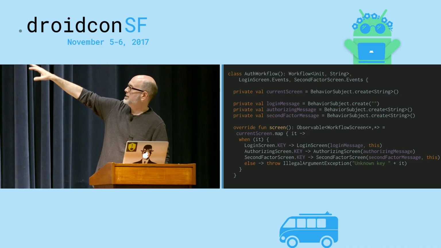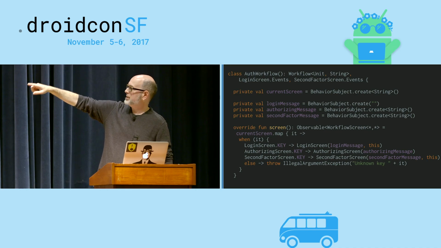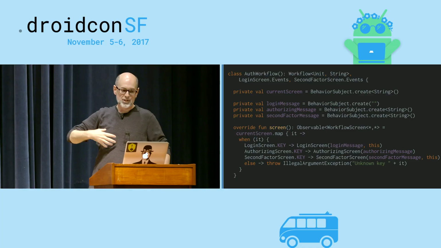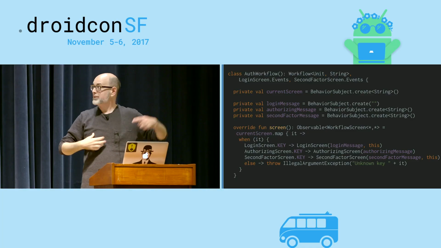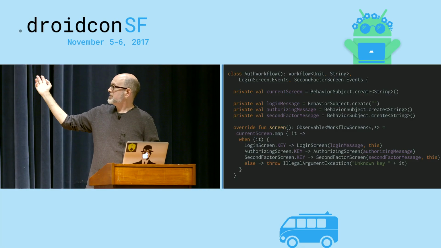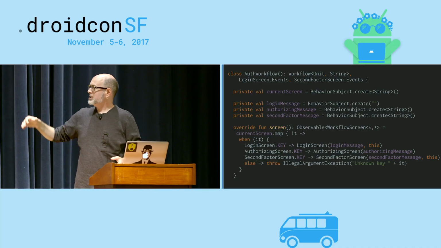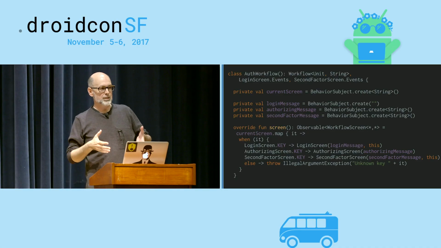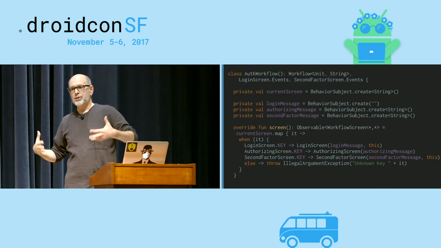Given that current screen, we're going to map on what key is associated with it, and if we've told ourselves that the current thing we should be showing is the login screen, we'll instantiate one of those, and we'll pass in ourselves as the callback for all of those event methods. Same for the auth screen, same for the second factor screen, and so on. Basically, each of these login screens and the interfaces they defined wind up acting as a closure on the workflow.